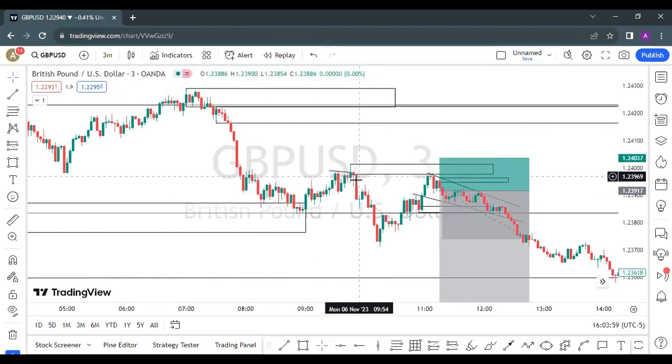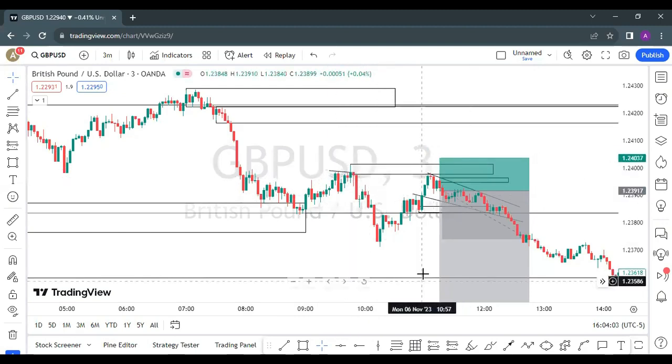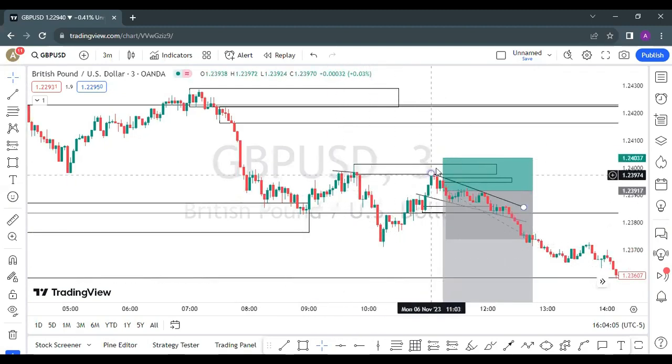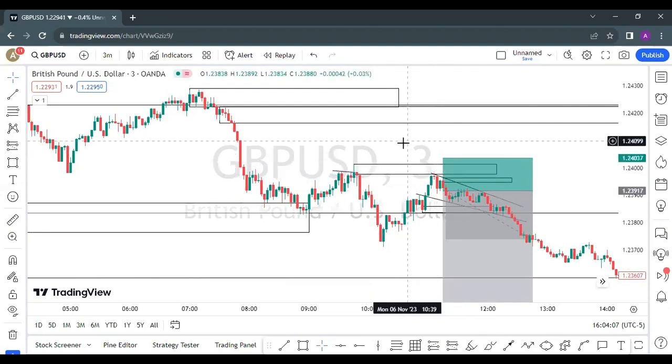So either you take a straight entry, or you do what? You mark that zone down and wait for price to reverse in. See, I'll be honest with you, a single candle is very powerful. It's really powerful. I've backtested it so many times.